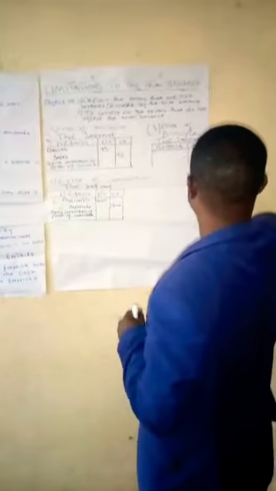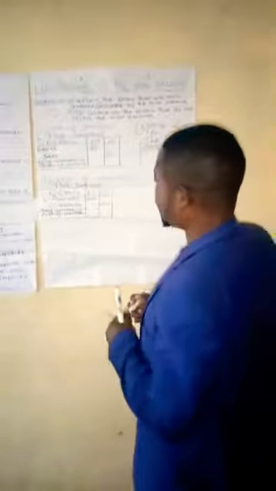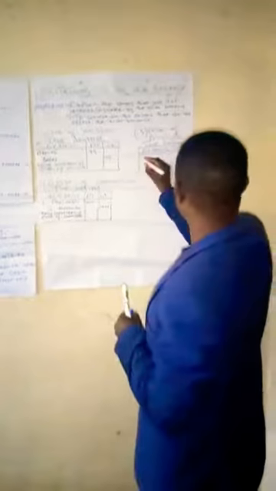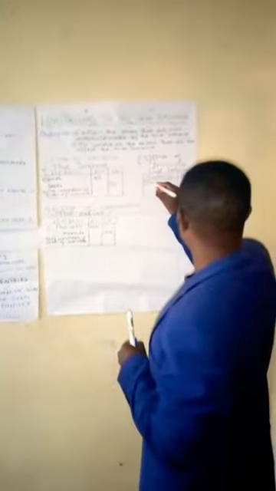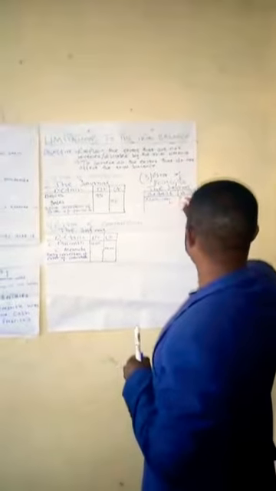The journal. So the accounts to be debited should be written first. Okay, so machinery, you debit 800 kwacha.